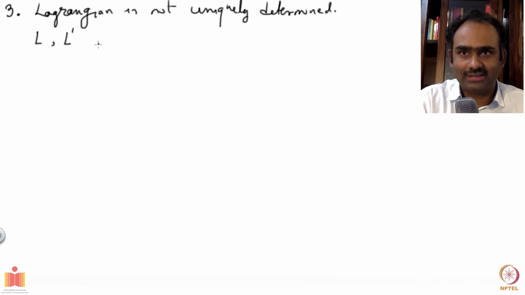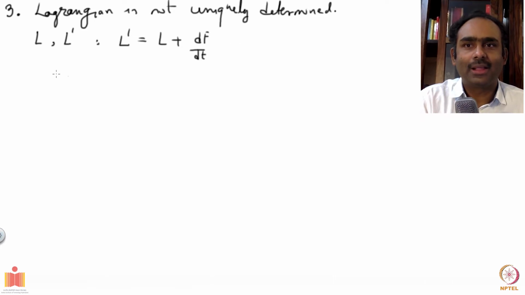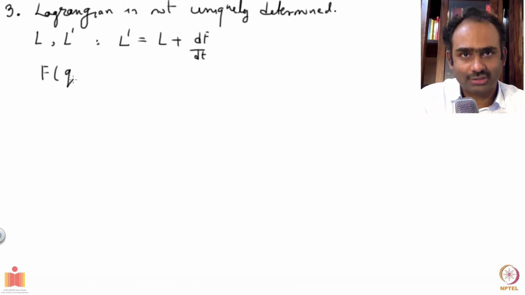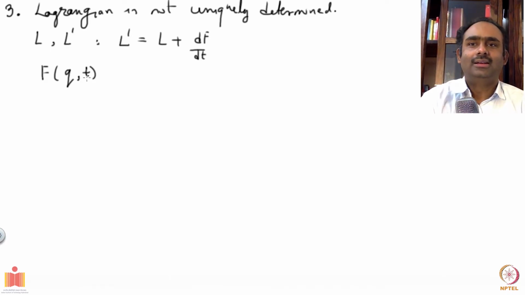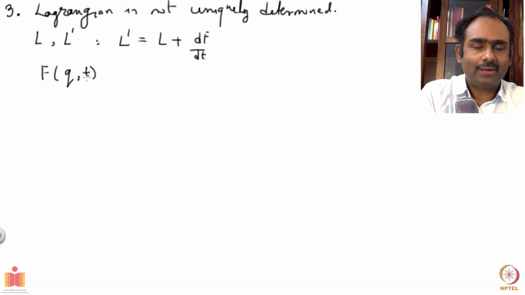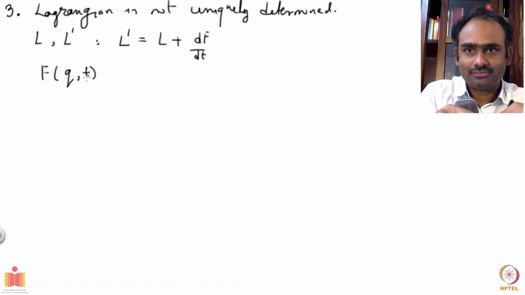So more precisely, if L prime is L plus df over dt, where f is a function of all the generalized coordinates q's, so q1, q2 and so forth, and also possibly of time, then L prime and L describe the same system. So how do I check this?